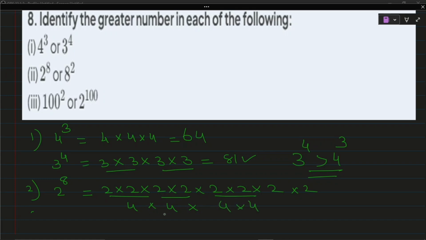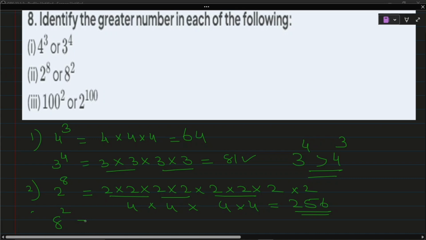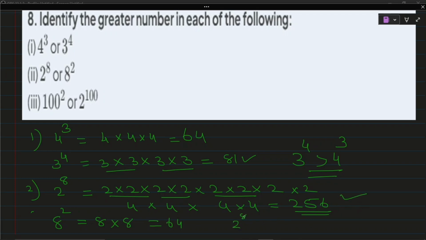So this becomes 4 4s are 16. Here also 4 4s are 16. 16 into 16, 256. That means 2 raised to 8 is 256. Now 8 raised to 2, that is 8 into 8, that is 64. So 256 is greater. That means 2 raised to 8 is greater than 8 raised to 2.